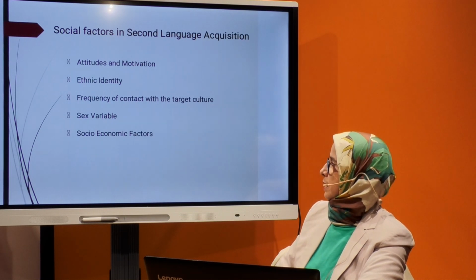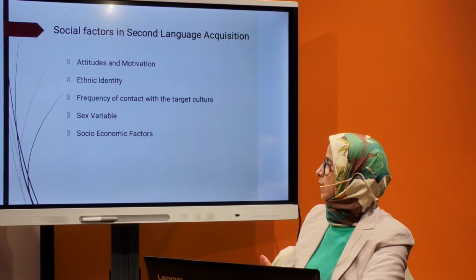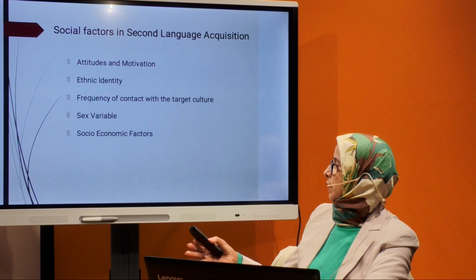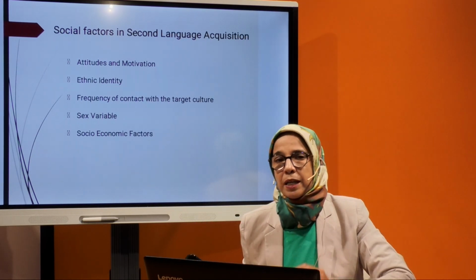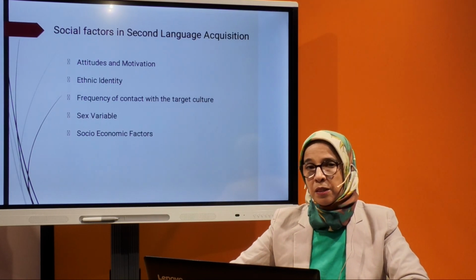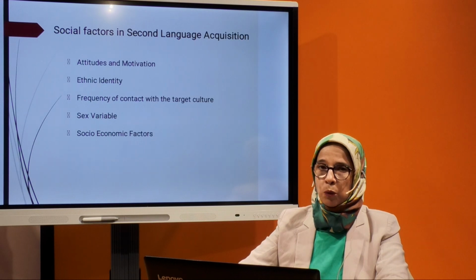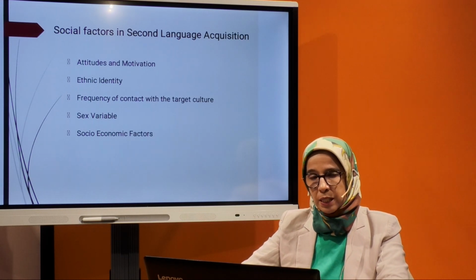Ethnic identity, frequency of contact with the target culture, the sex or gender variable, and the socioeconomic factors. All these social factors are very important in the acquisition of a second language. So now we shall move to the psychological factors influencing SLA.